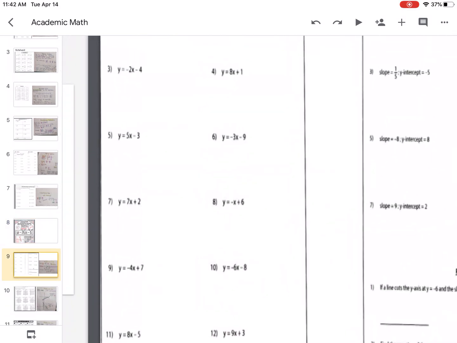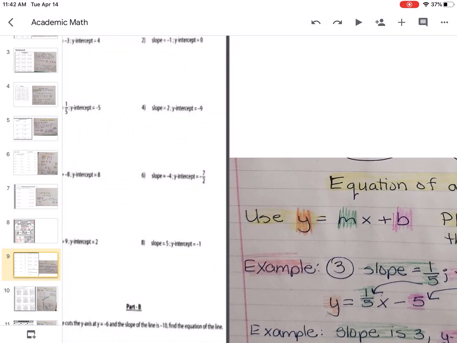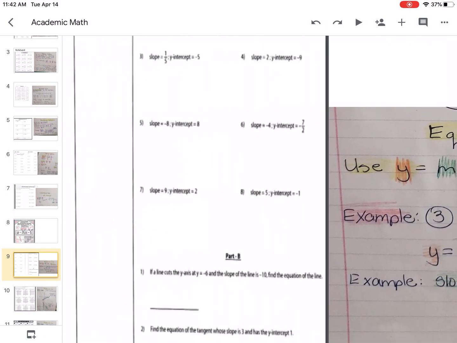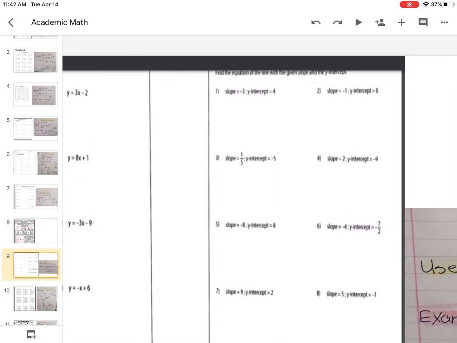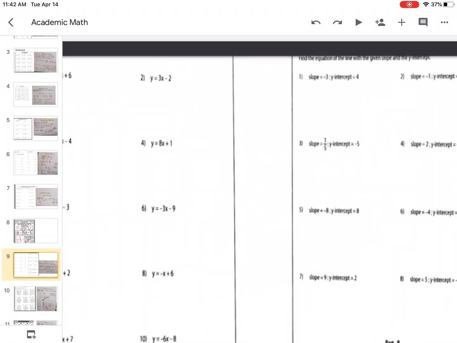Okay, so this one, let's see. This one is just asking you to identify the, let me double check. Find the equation of the line with the given slope and y-intercept, okay?